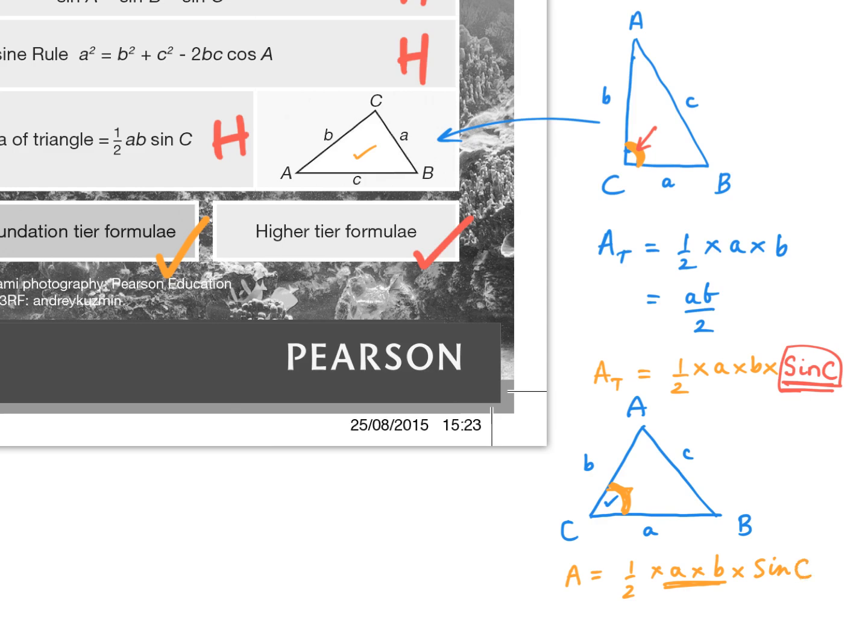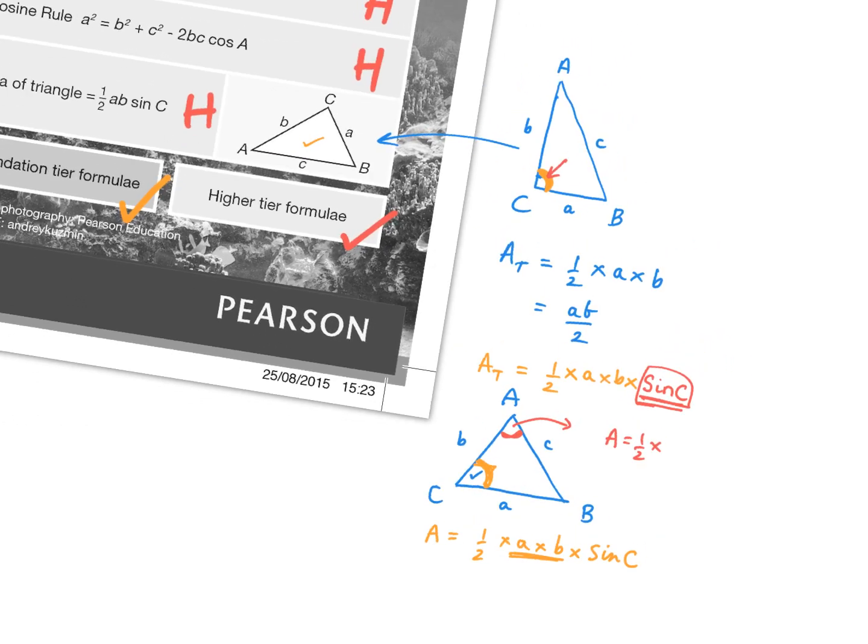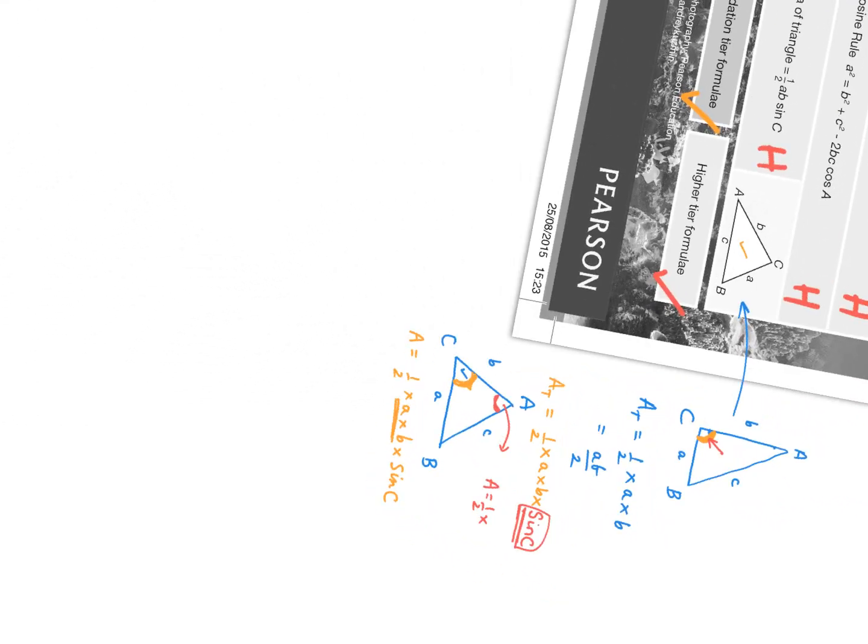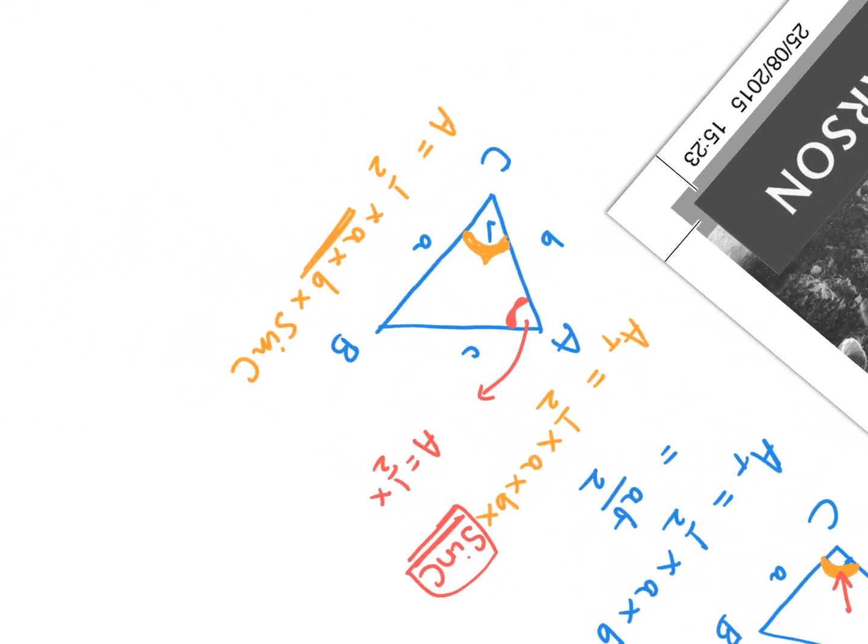Now, if I wanted to, say, look at this angle here and use this one, then what would the area of the triangle be? Well, the area of the triangle in this case would be a half times, well, let's orientate the shape round a little bit here. And I can just write it out again, it doesn't matter.